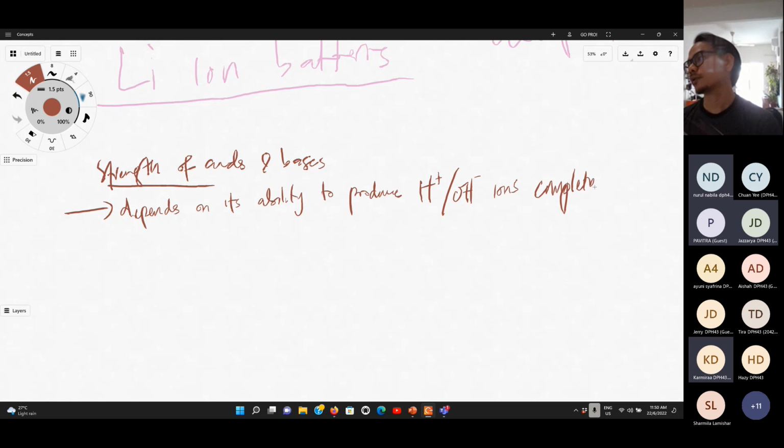Completely is the keyword. Okay, so if it can produce H plus and OH minus ions completely, it is a strong acid and base. If it can only do it partially, it is a weak acid and base.